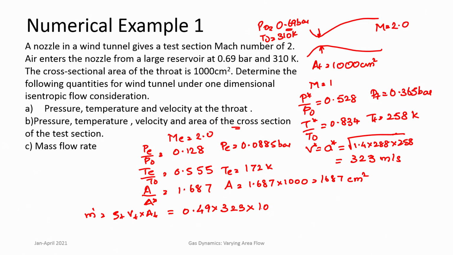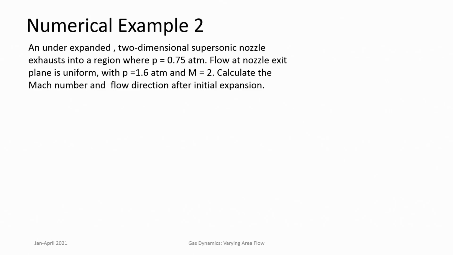So, that is 0.1 meter square. So, this turns out to be 15.827 kilogram per second. So, here in this problem directly we are using variable area duct principles, mass flow rate principles, and isentropic flow through variable area duct. So, this is a straight numerical example.